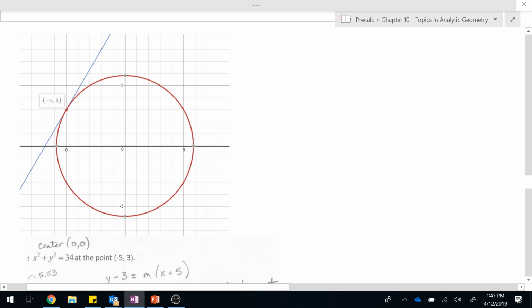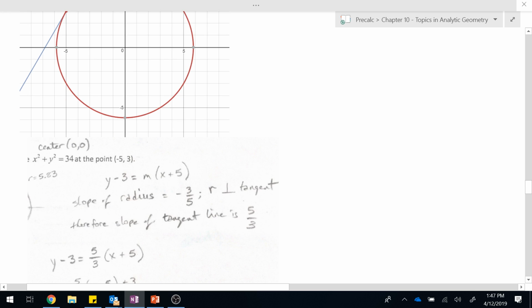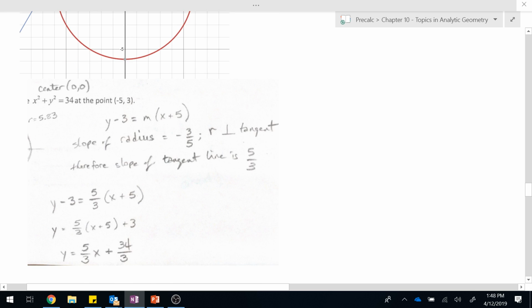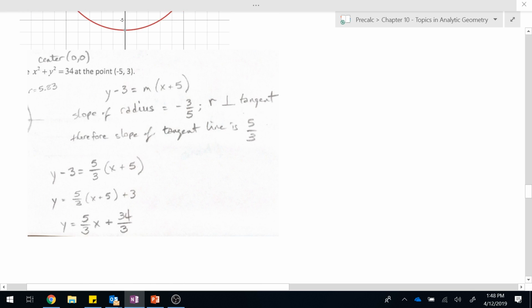So therefore, the tangent slope is the negative reciprocal of that, which is going to be 5/3. So you just write y minus 3 equals 5/3 x plus 5. And that is your point slope form. You could simplify it to slope intercept form if you want.